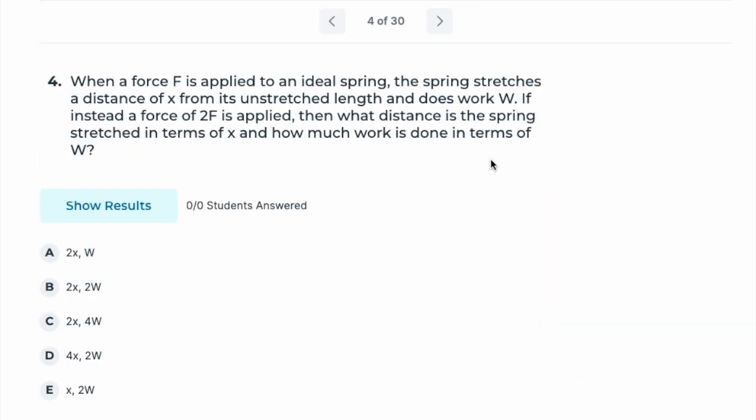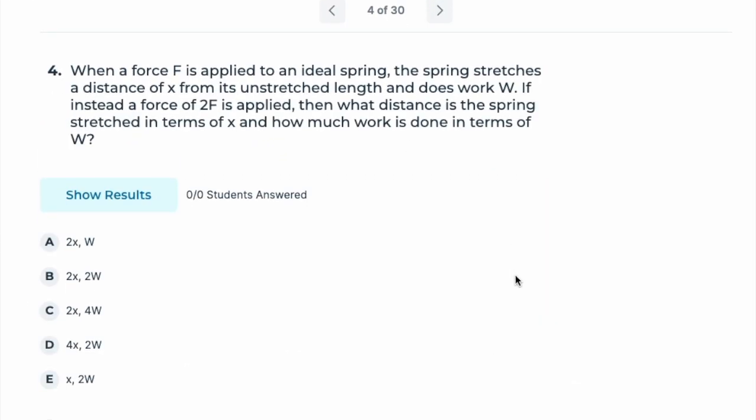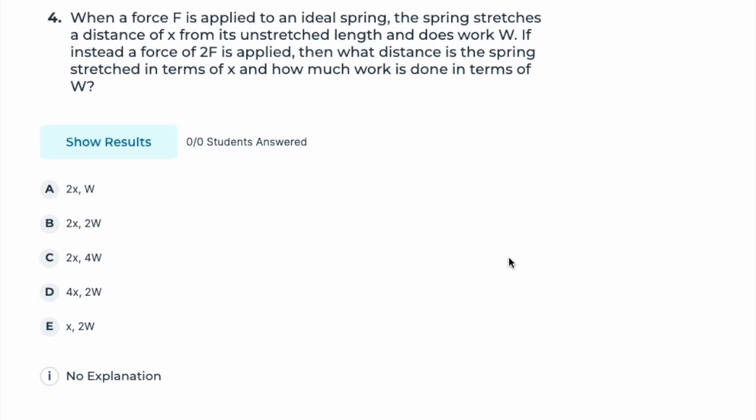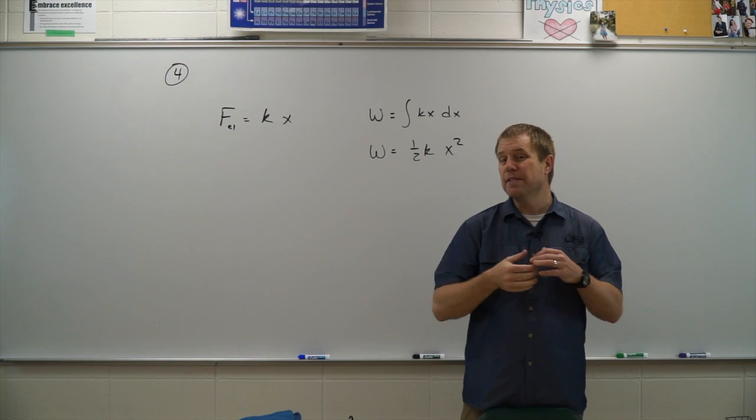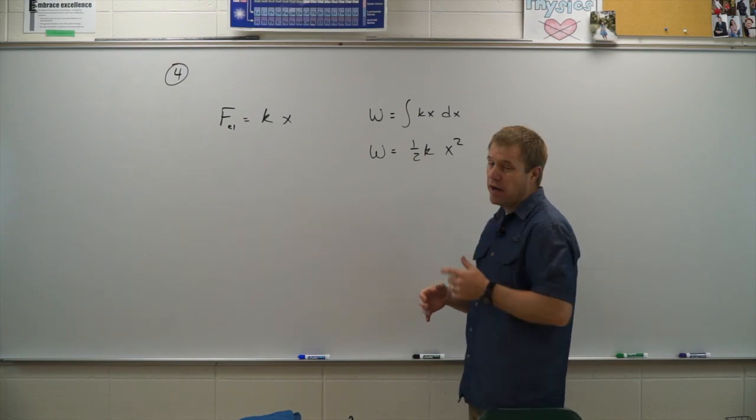Acceleration. Number 4. When a force F is applied to an ideal spring, the spring stretches a distance x from its unstretched length and does work W. If instead a force of 2F is applied, then what distance is the spring stretched in terms of x, and how much work is done in terms of W? We're looking at what happens if we double the force applied to a spring.